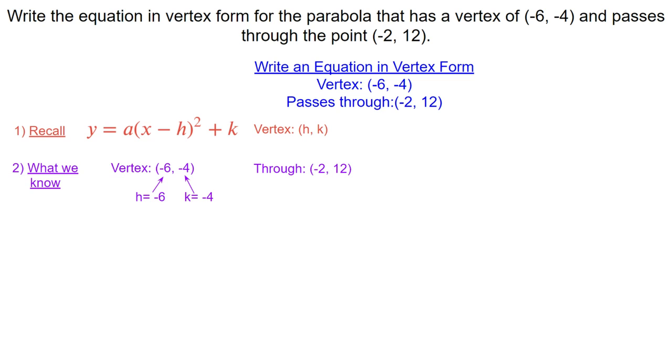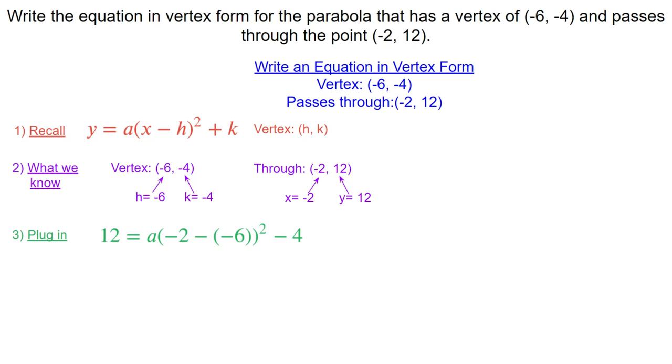We also know that this parabola goes through the point (-2, 12). A point is in the form (x, y), so we know that x is equal to -2 and y is equal to 12. What we don't know is that a value. So we can plug in our known values to solve.